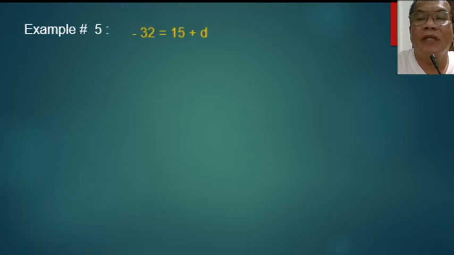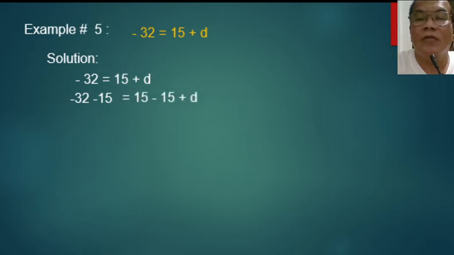So you have negative 32 equals 15 plus d. To rewrite, negative 32 equals 15 plus d. Okay, so by the addition property of equality, negative 32 plus negative 15 is equal to positive 15 plus negative 15 plus d.